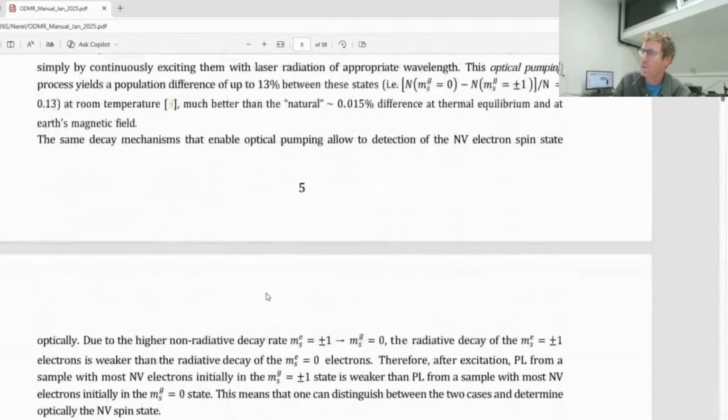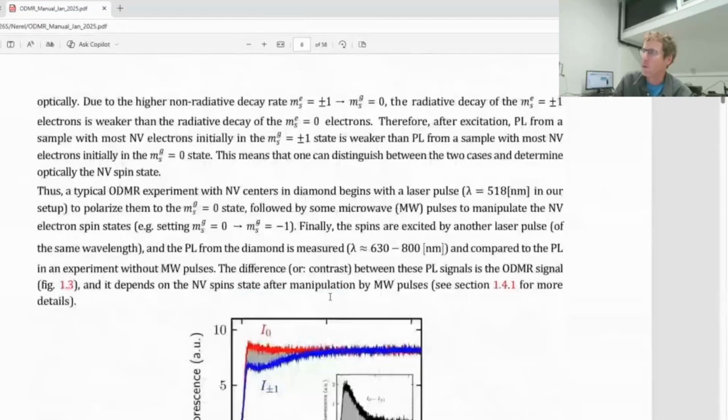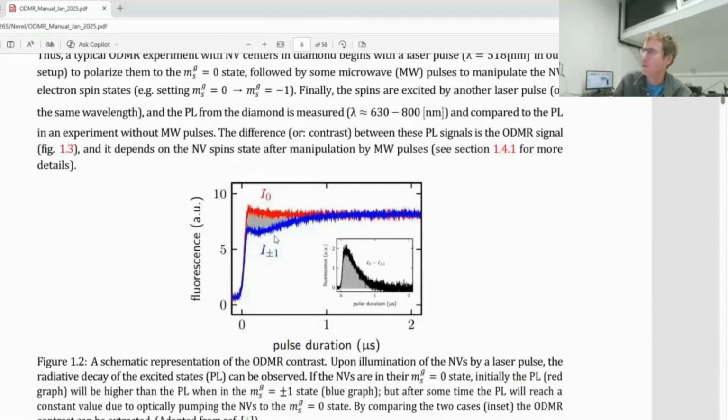Let's refer to this energy level scheme. When you radiate green light on them, they give red fluorescence. But the amount of red fluorescence depends on where you start. Sorry, the other way around, I'll just mix it here.